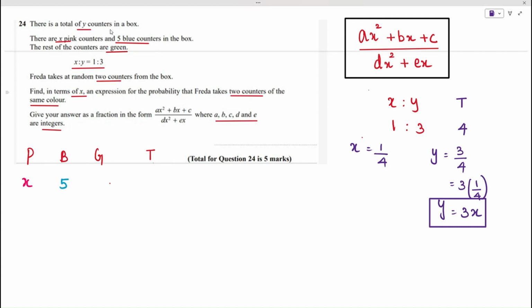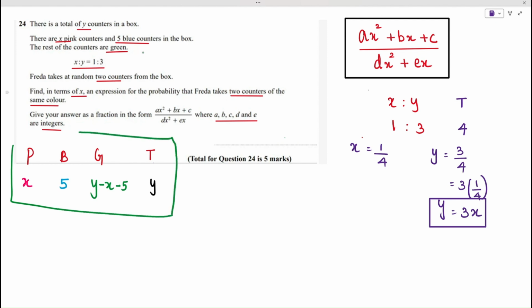And the total is y. Now from this we can find the number for green, which is just our total minus the number of pink plus blue. So that'll be y minus x minus 5. So these are the numbers of each counter.